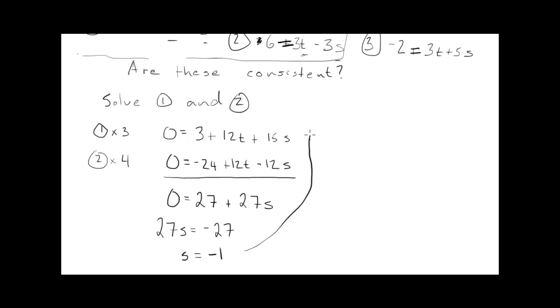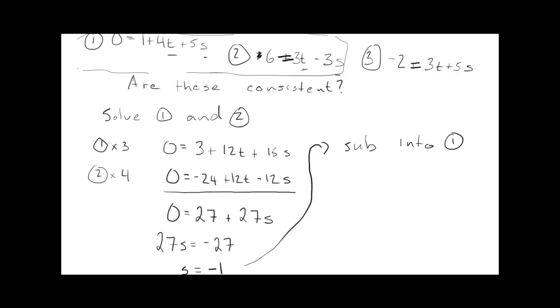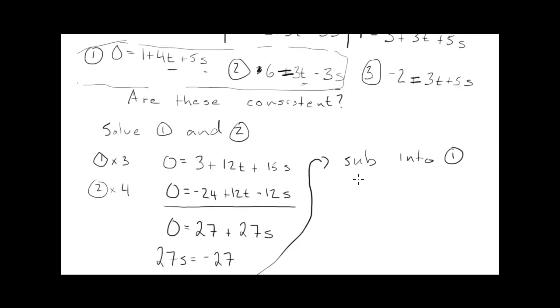Then to get t, sub into 1 or 2, whichever one you want. Sub into 1. So 1 was, what was 1? 0 equals 1 plus 4t plus 5 times s.